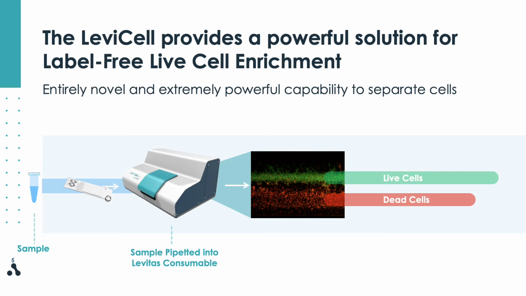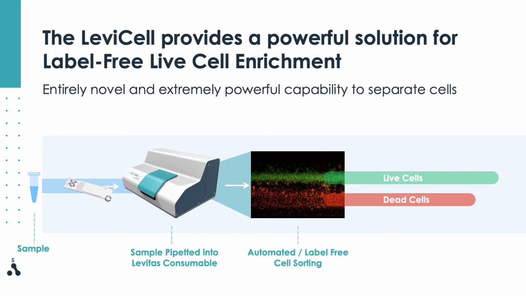Unlike a FACS platform, separation does not require a feedback loop which identifies cells of interest. Here, our imaging is solely for analysis purposes and provides the information in terms of cell number, cell size, and cell behavior. Now, the automatic separation is a little difficult to comprehend at first, but when we go through the technology slides, I think it will make perfect sense.